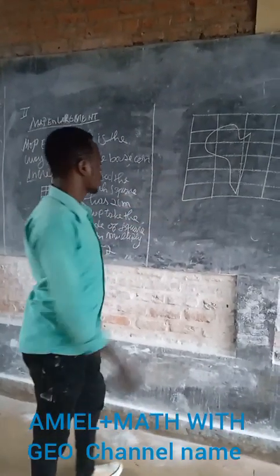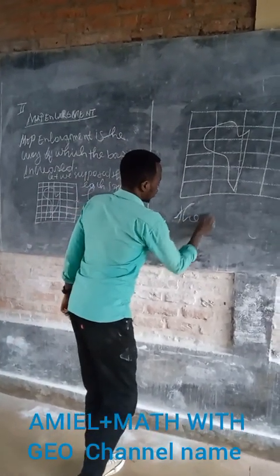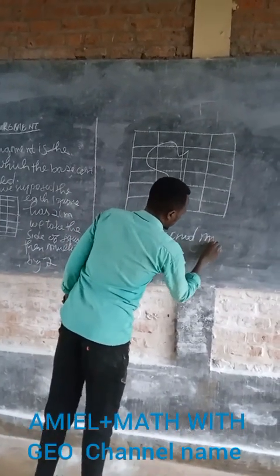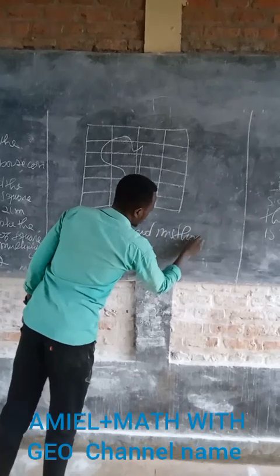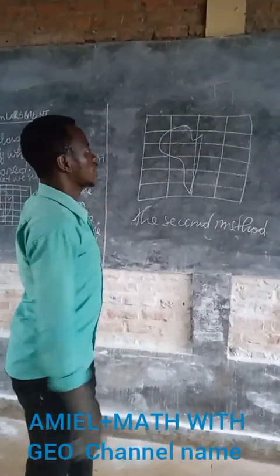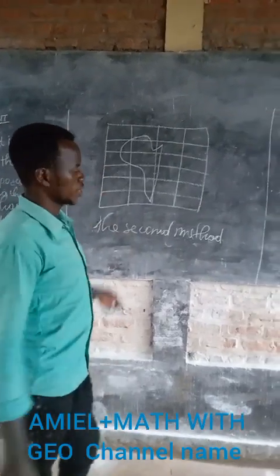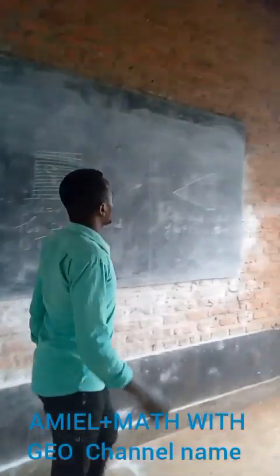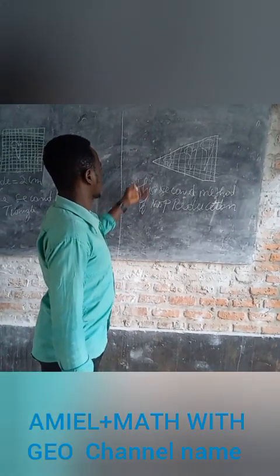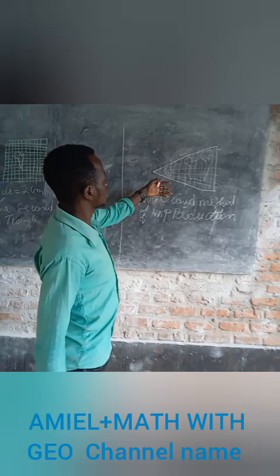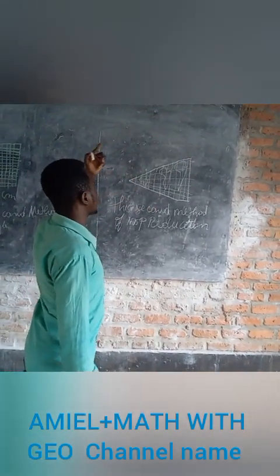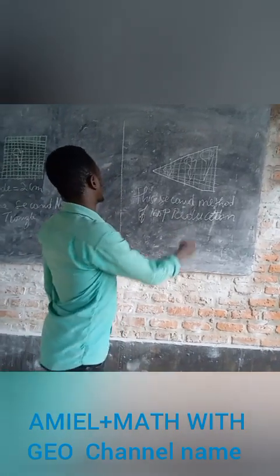The second method is using the triangle. Let's consider it as in the previous one. Let's take it as the example for enlargement of the map.